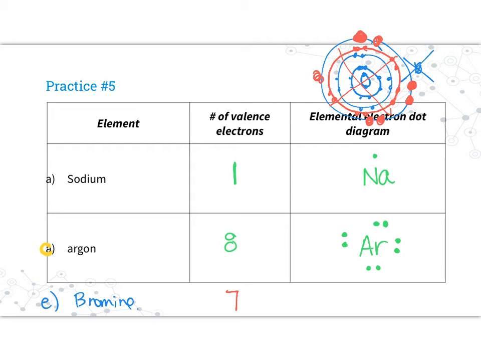And if I counted out how many elements it took to get there, that was 7. So bromine's diagram, I get to go around once. That's 4, 5, 6, 7. So when we are drawing the electron dot diagram of an element, we are simply going to draw the valence electrons only. Finish up that chart.